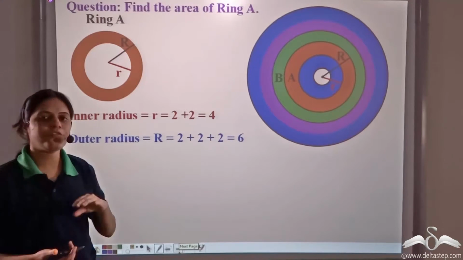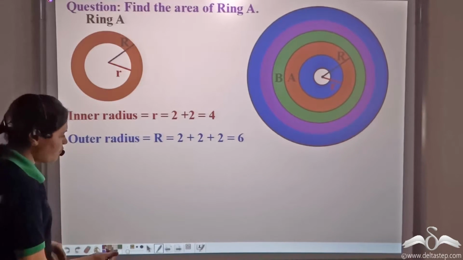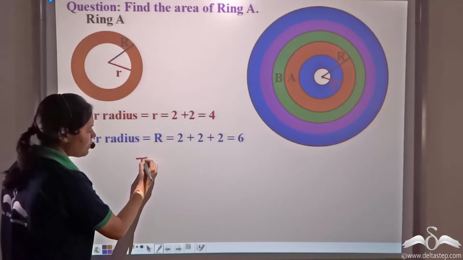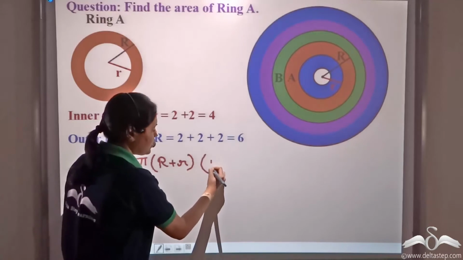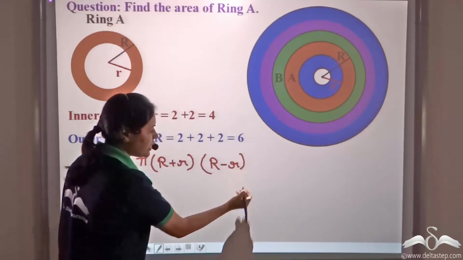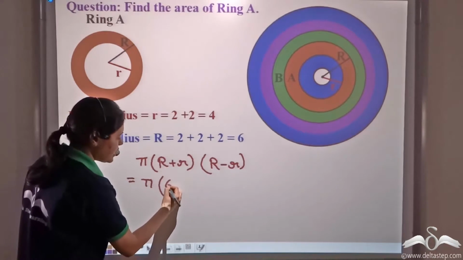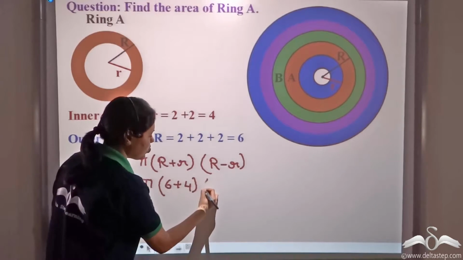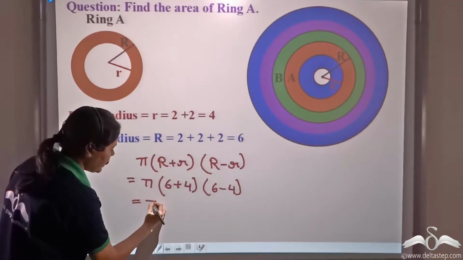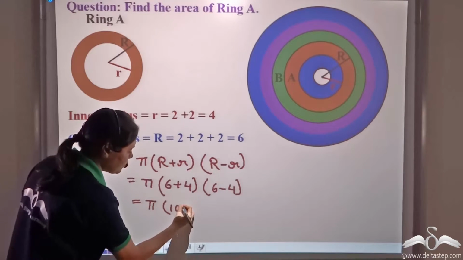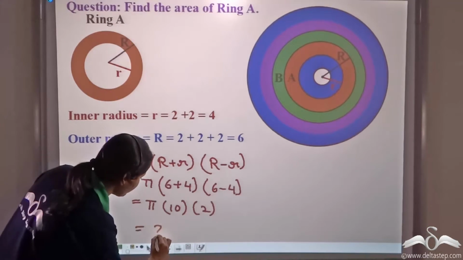Now can you find the area of ring A? Well, we know that the area of a ring is given by pi into the sum of the two radii into the difference of the two radii, which is equal to pi into 6 plus 4 into 6 minus 4, which is equal to pi into 10 into 2, equal to 20 pi.